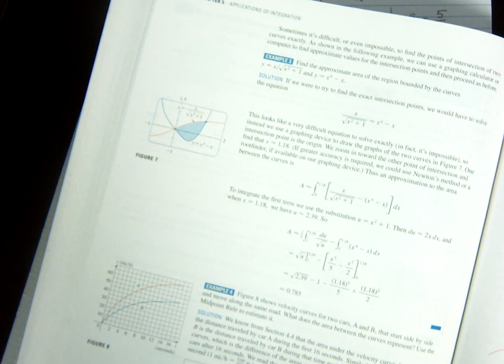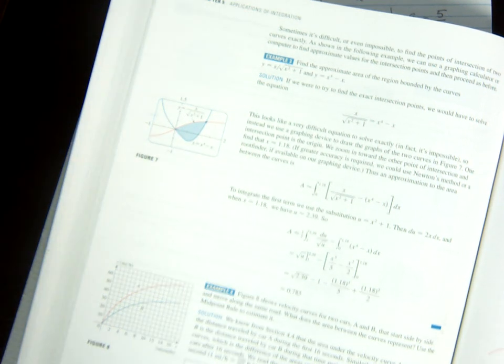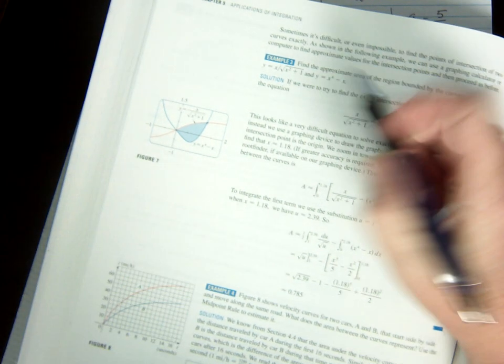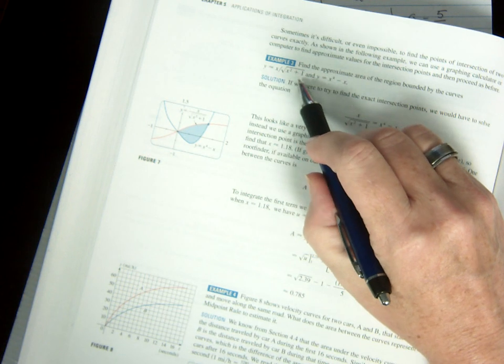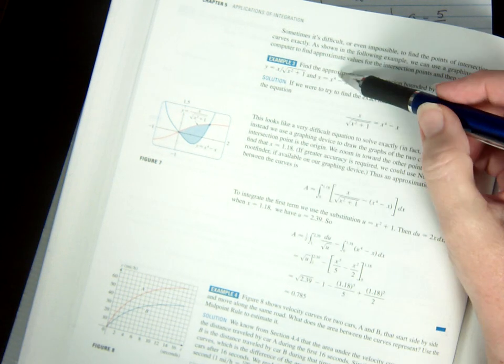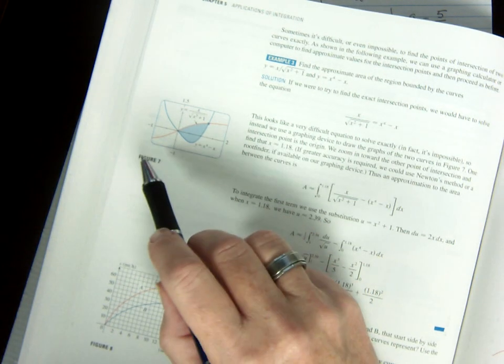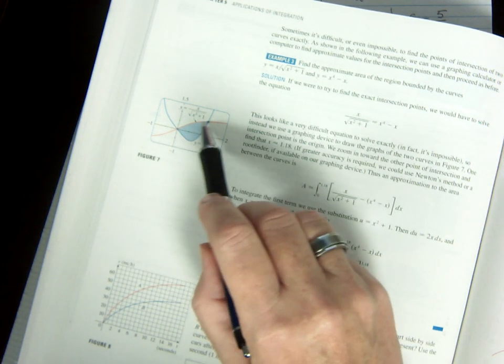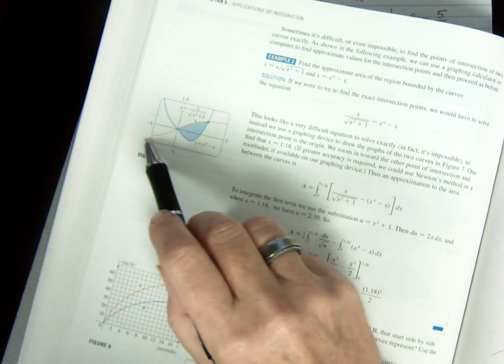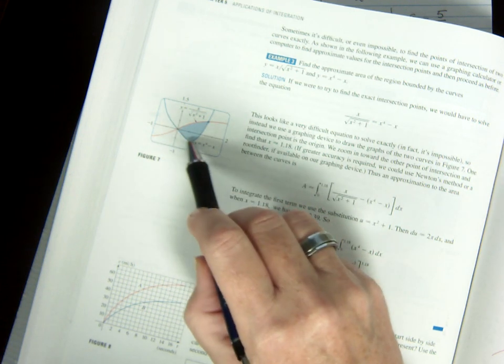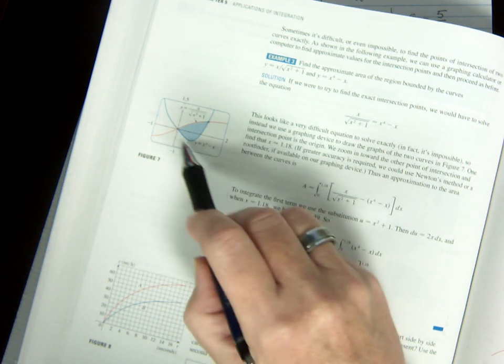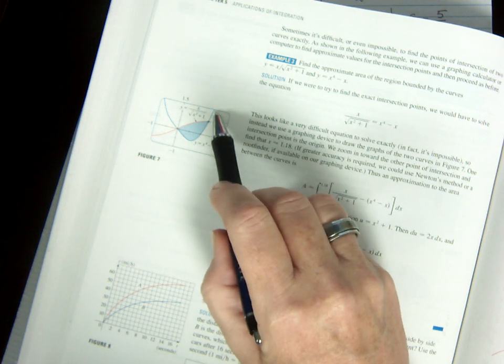And we are going to take a look at x over the square root of x squared plus 1 and y equals x to the 4th minus x. So we have this graph right here. And then we have this kind of interesting looking, almost like a parabola looking function underneath.